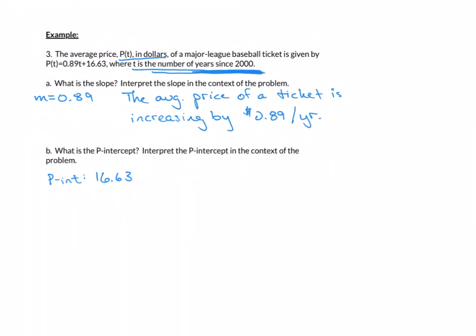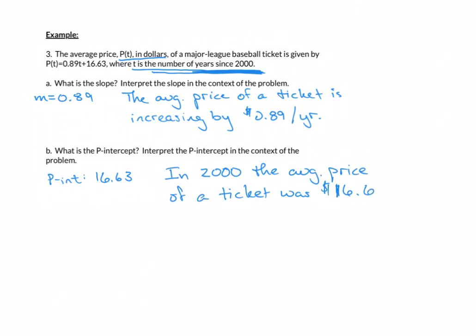What this tells us is in 2000, the average price of a ticket was $16.63.